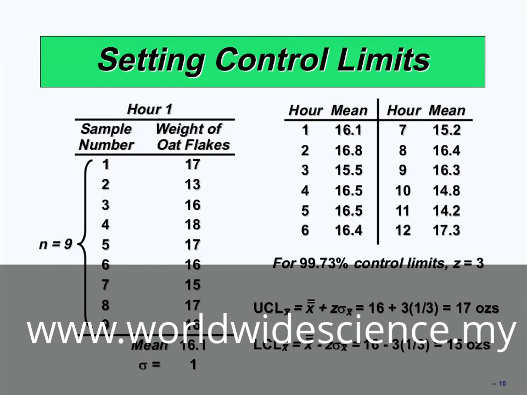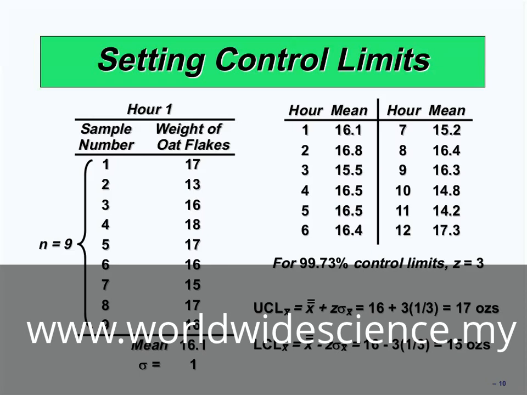Look at the table on the left. You should sum these 9 numbers and then divide them by 9 to calculate the mean for hour 1.